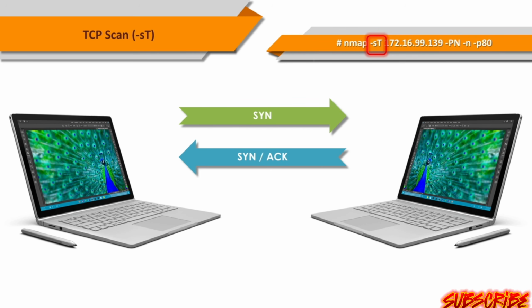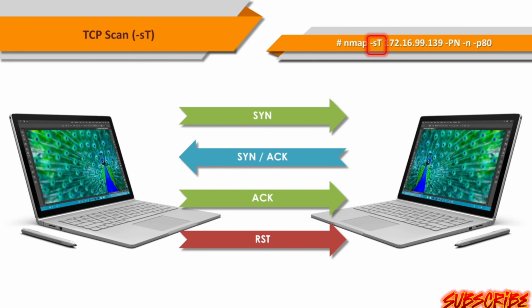If no response is received after several retransmissions or an ICMP unreachable error is received, the port is marked as filtered. If you receive a SYN ACK from the target system, you send an ACK packet to complete the three-way handshake. Since we have nothing to say at the moment, we send RST to end the conversation.